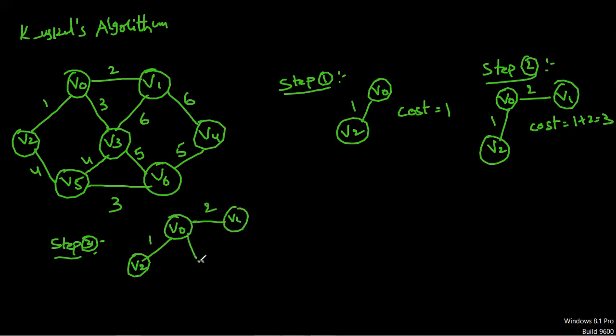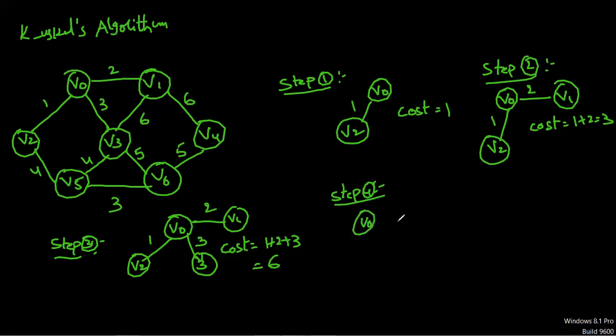The cost is 1 plus 2 plus 3, that is 6. And in step 4, we select another minimum cost edge. As you know, the next one is V5 to V6, that is cost 3.